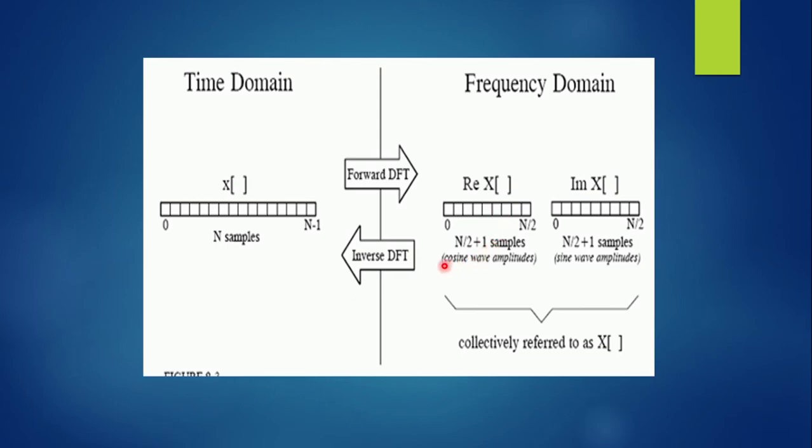Real part of the DFT contains the cosine wave amplitudes. Similarly, the second is called the imaginary part of the DFT. Again, it contains how many samples? 0 to N/2. The combination of these two is known as X[k], sometimes denoted like that.